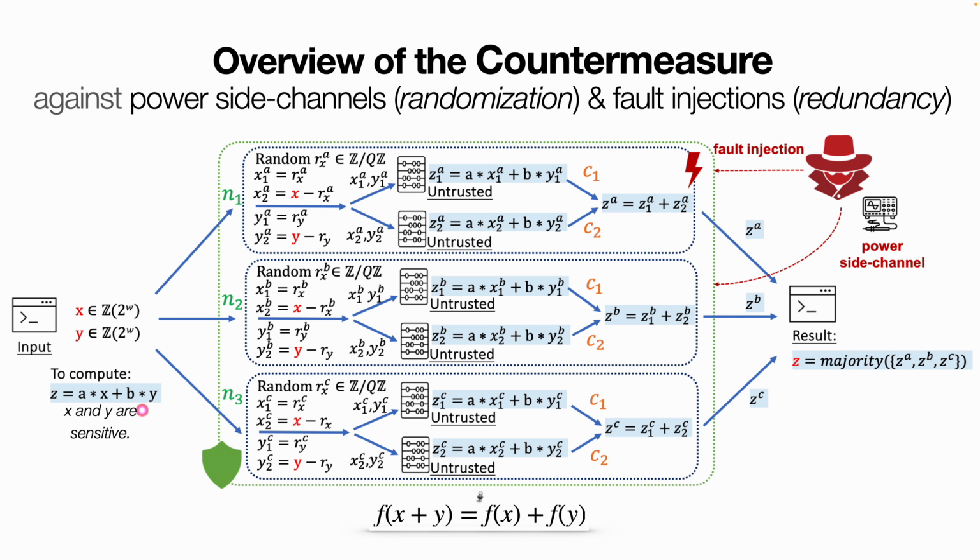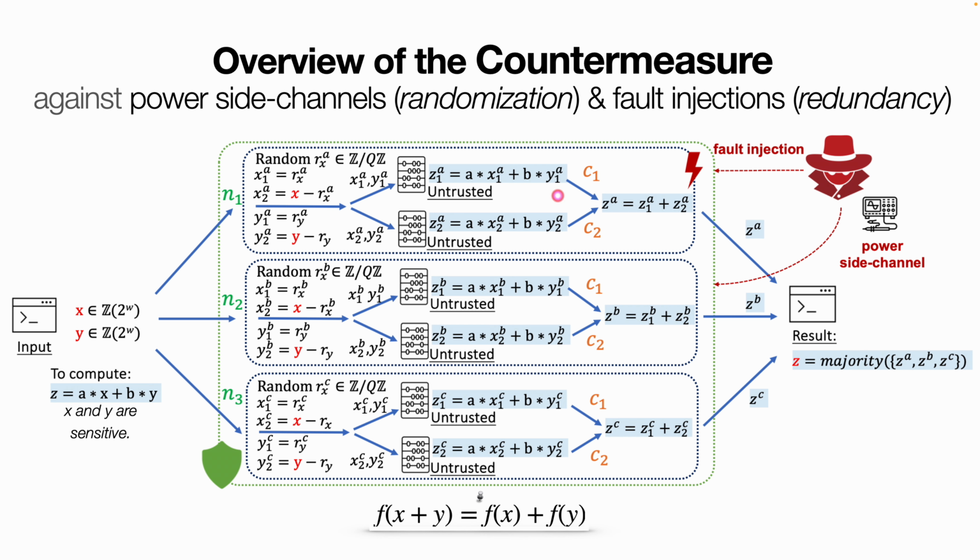This function is a linear function, and although it is a bivariate function rather than a univariate one, the property should be the same. And this is also a randomized self-reduction.